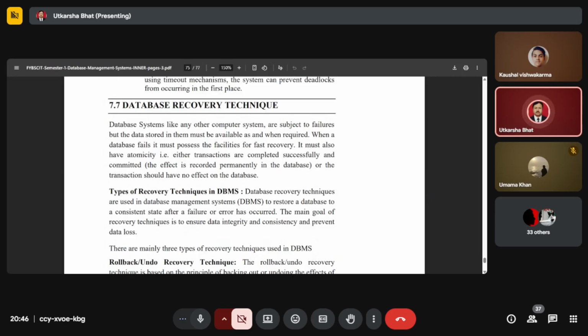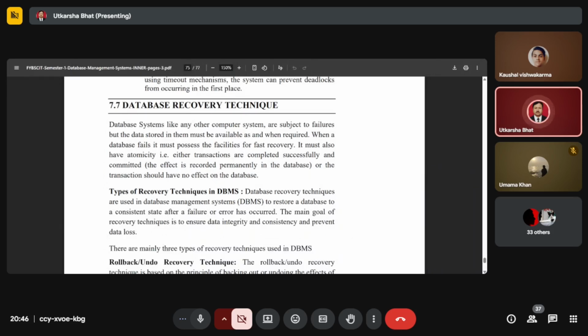Types of recovery techniques in a database. Database recovery techniques are used in a database management system to restore the database to a consistent state after a failure or error has occurred.